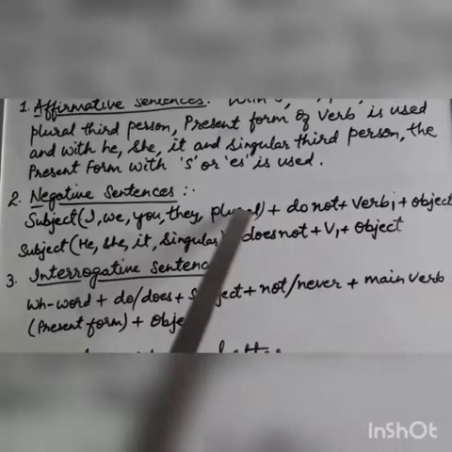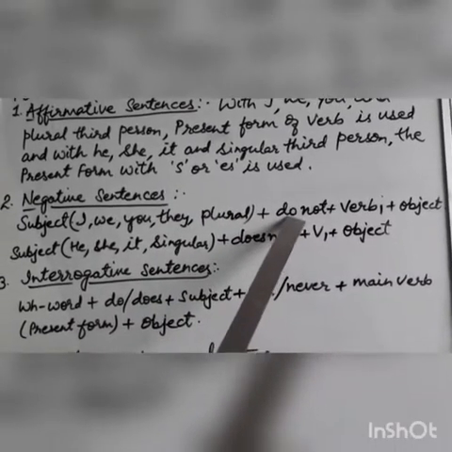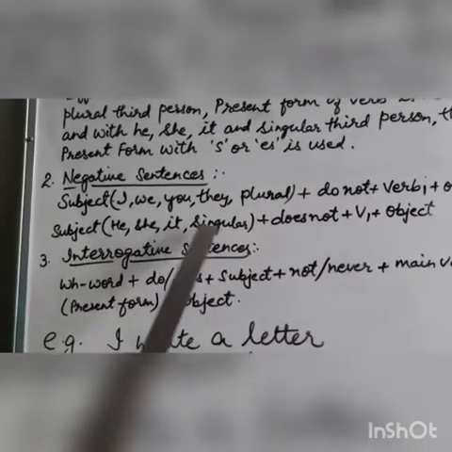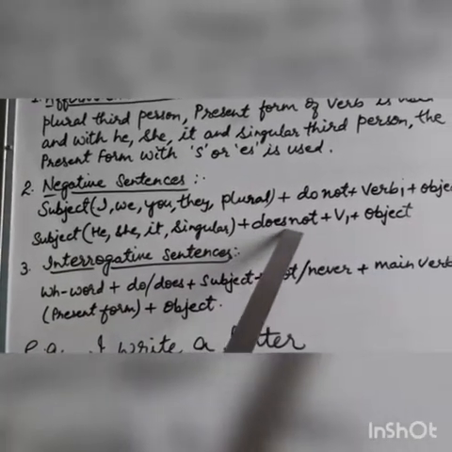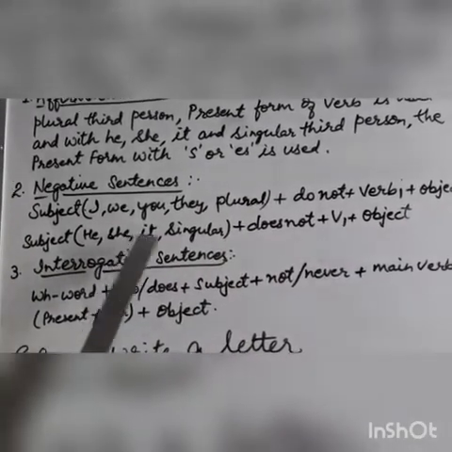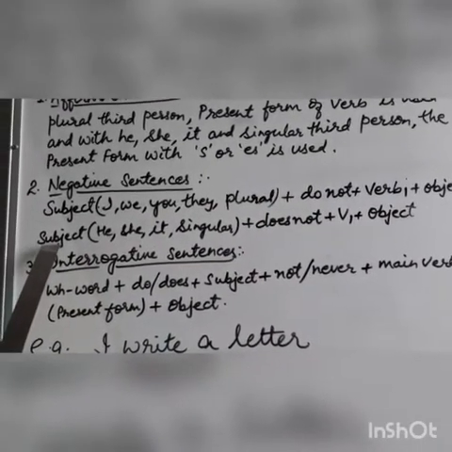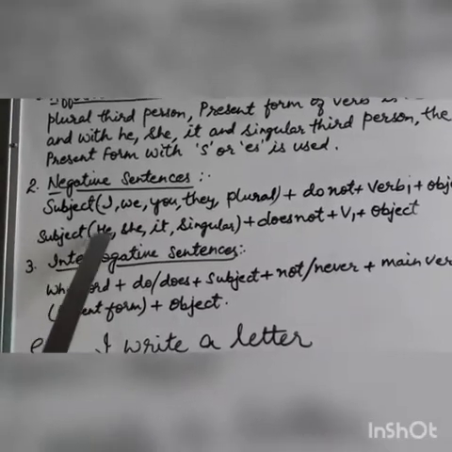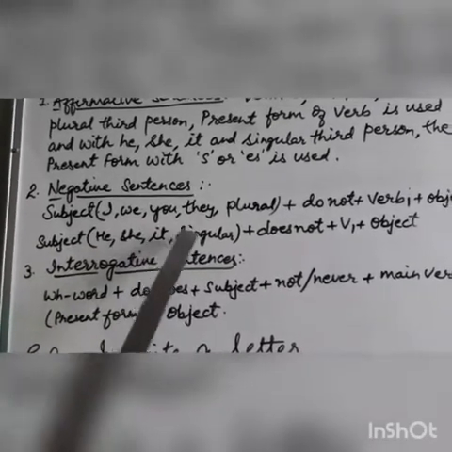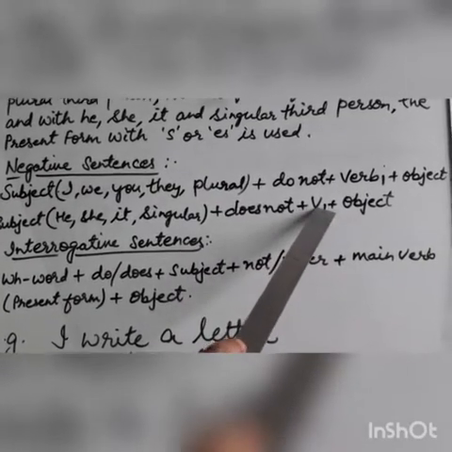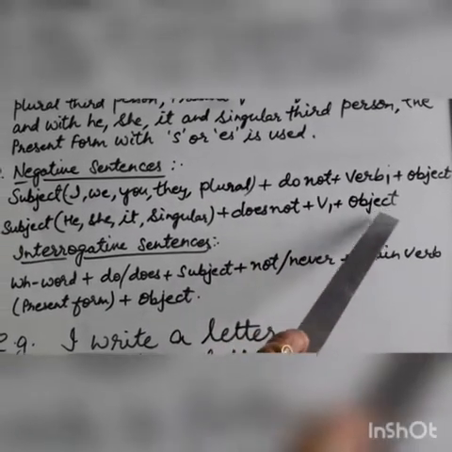Be careful, with I, you, we, they and plural forms we will use do, and with he, she, it and singulars we will use does, and in a negative sentence does not. The formula in negative sentence will be subject, for example he, she, it or singular, plus does not plus first form of the verb and object.